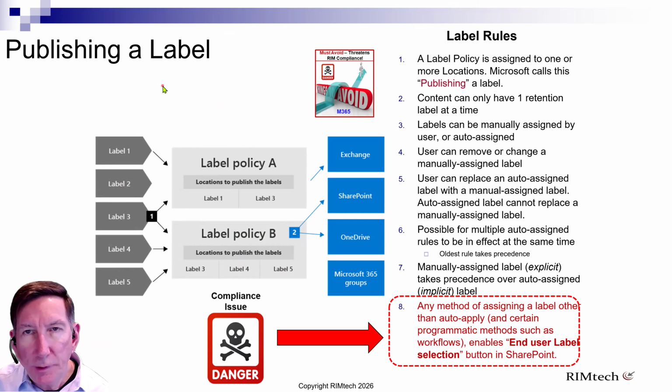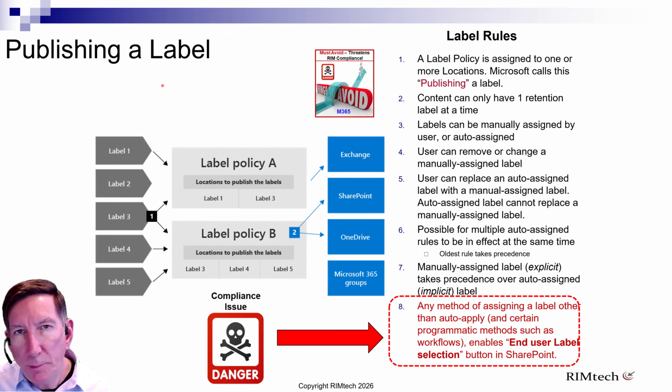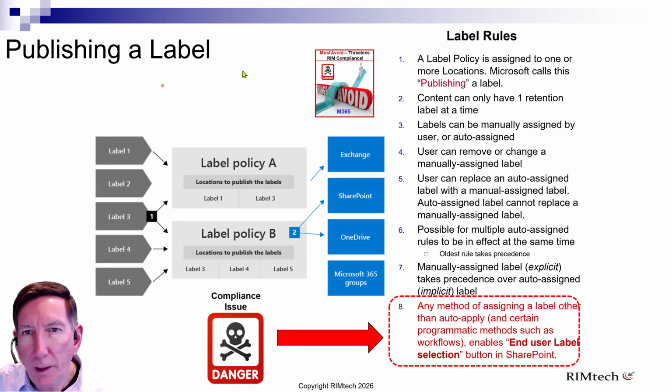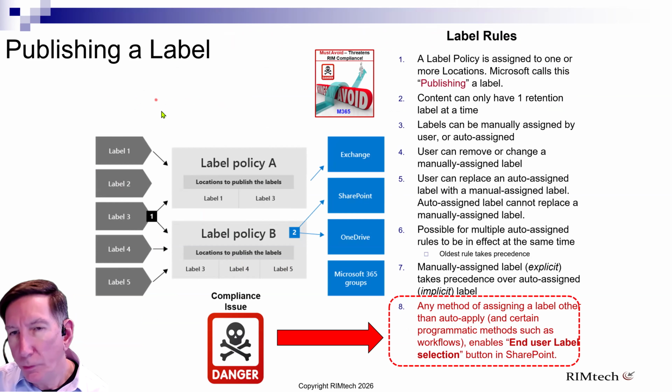Now, this is the next thing you have to understand about labels in Purview, which is the business of publishing a label. I'm going to use a bit of an analogy here. Publishing is the mechanism by which Purview makes a label available to a product. Now, the language is all over the place. I'm going to use Microsoft's language.